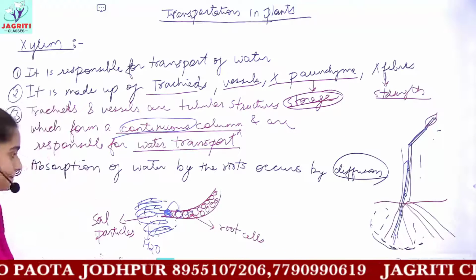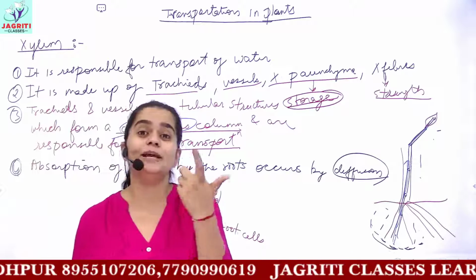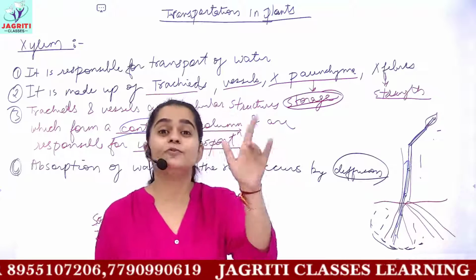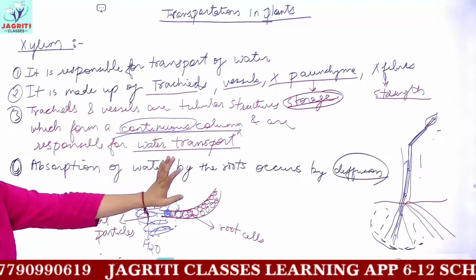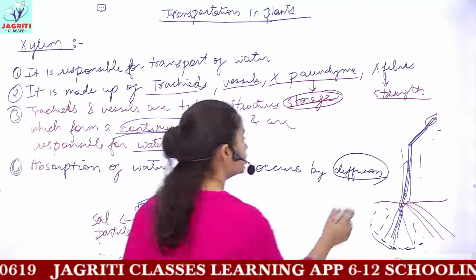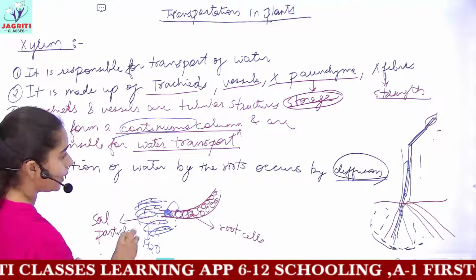If you think about this, okay, we are discussing some general concepts which need to be visualized and clarified for your better understanding. This is the transport of water through the xylem. It occurs by diffusion, or more preferably you can write osmosis here. And this I have explained to you, how it occurs.